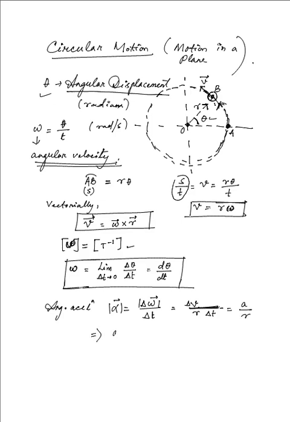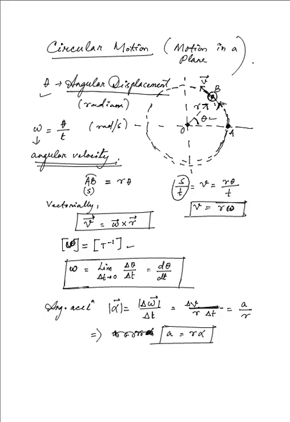So linear acceleration is related to the angular acceleration as the radius times the angular acceleration alpha. Let me rewrite that for you clearly. Now, as v is equal to r omega, a is equal to r times alpha. Here a is the linear acceleration and alpha is the angular acceleration.